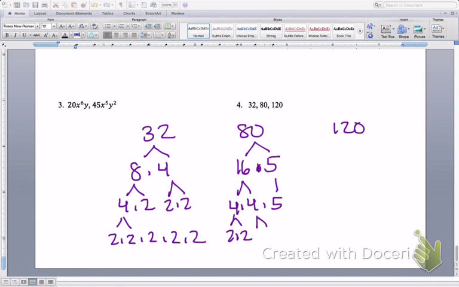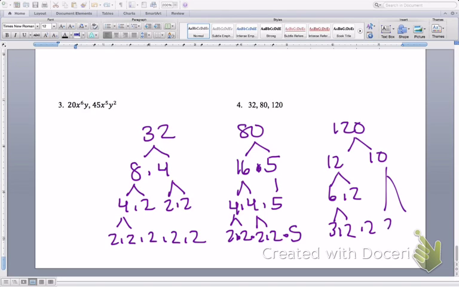And we can break that into 2 times 2, 2 times 2, and 5. And then we have one more to go, 120, 12 times 10. We'll do 6 times 2, 3 times 2 times 2, and the 10 can be 2 times 5.